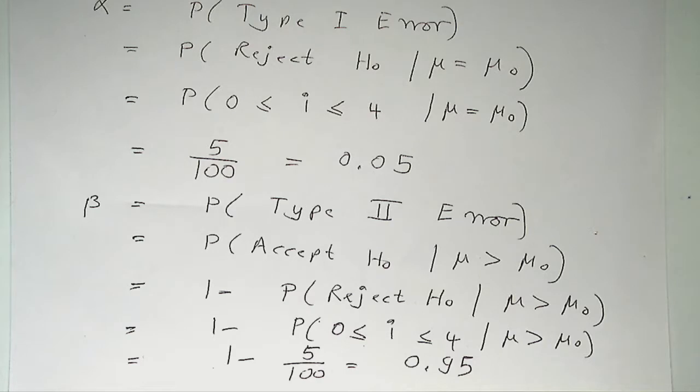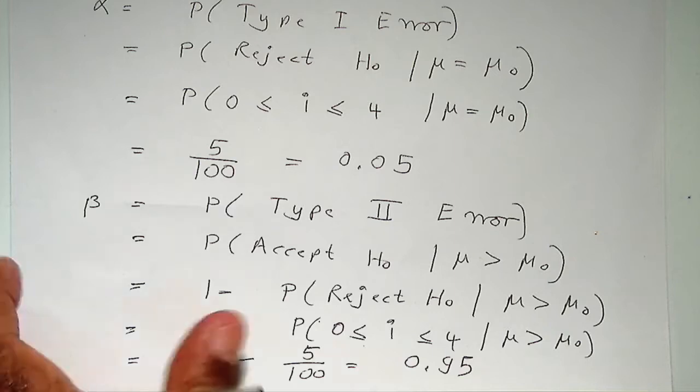So it doesn't matter what the value for mu is, the probability of rejecting is always 5 divided by 100. And similarly, the probability of accepting is always 95 divided by 100, right? Does it make sense? All right, guys, so that's the question. That's complete.